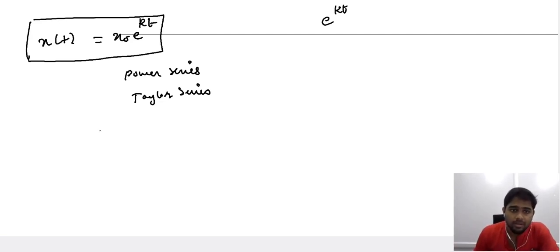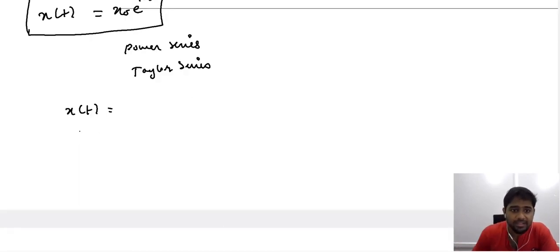Now consider a function like x of t, where t is the variable. In the case of the power series, it is just a continual expansion, but the Taylor series allows us to approximate a function when we know the derivative of this function at a specific point.